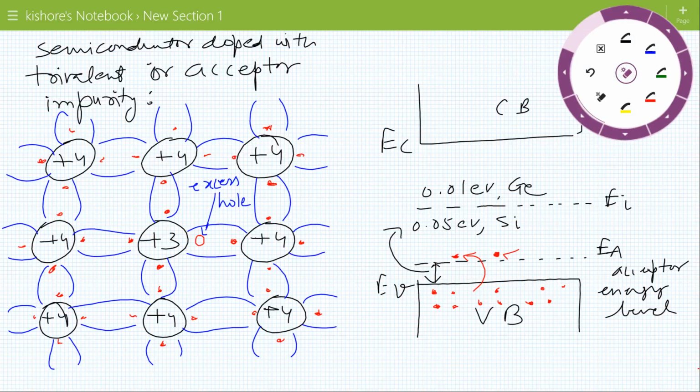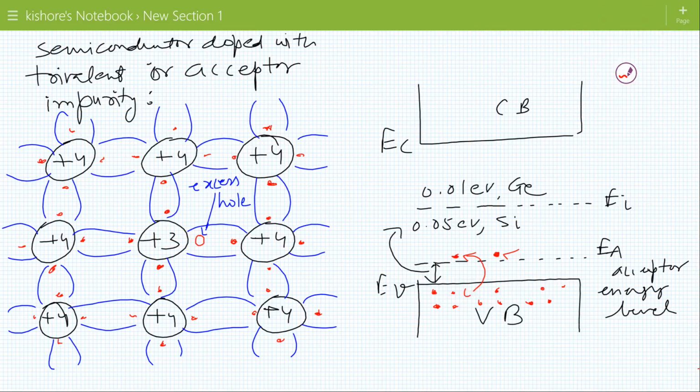Here in the valence band holes are created. So we can see that holes are in majority. Hence the semiconductor is P-type. This will make a P-type semiconductor.